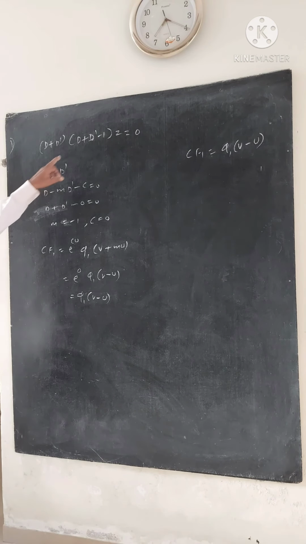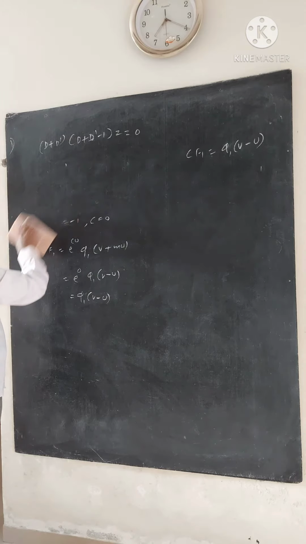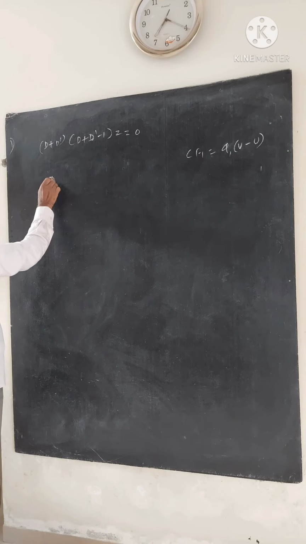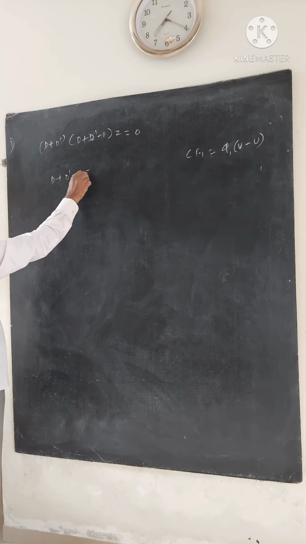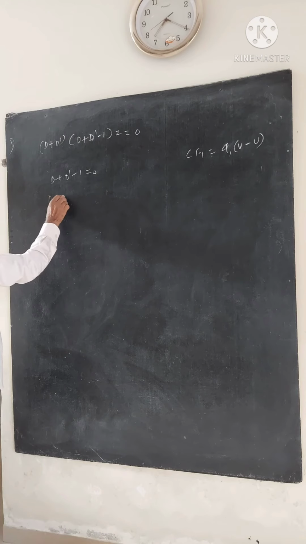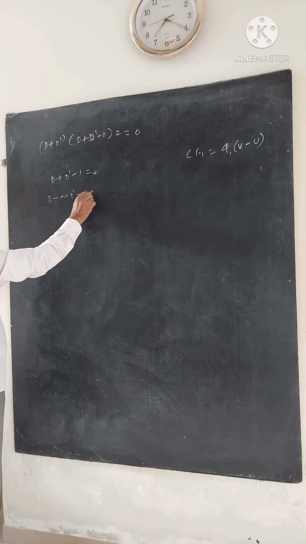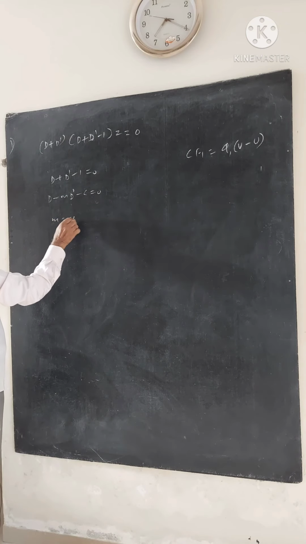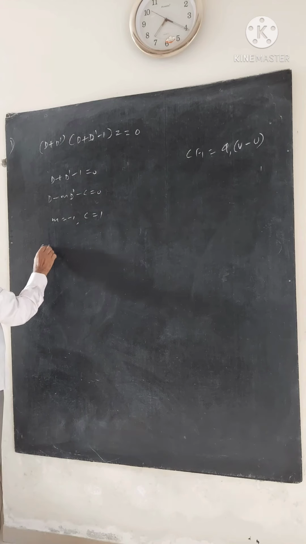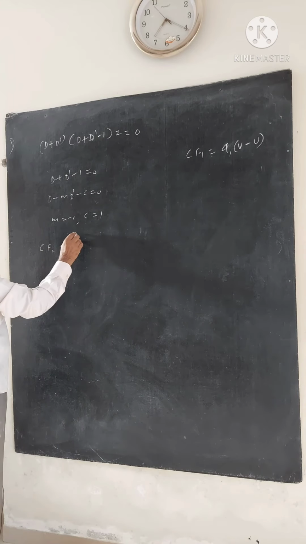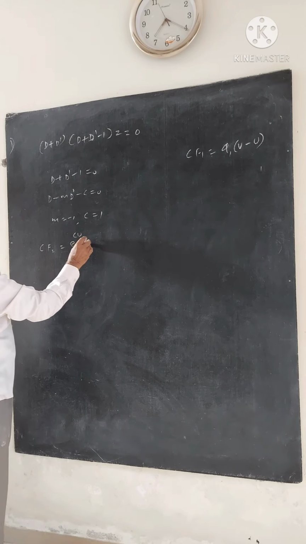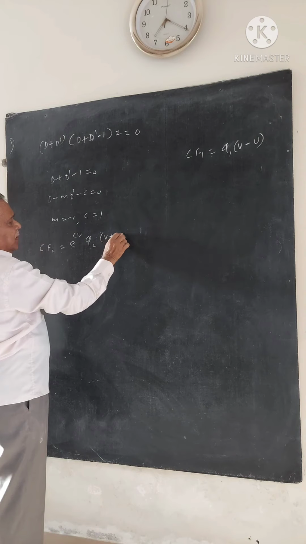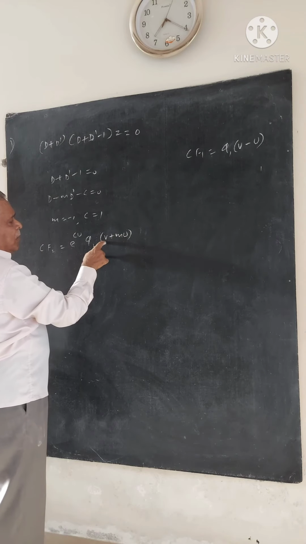Similarly, we find the CF for the second factor. Taking the second factor, D + D' − 1 equal to 0, of the form D − mD' − c equal to 0. Comparing the coefficients, m equal to −1 and c equal to 1.